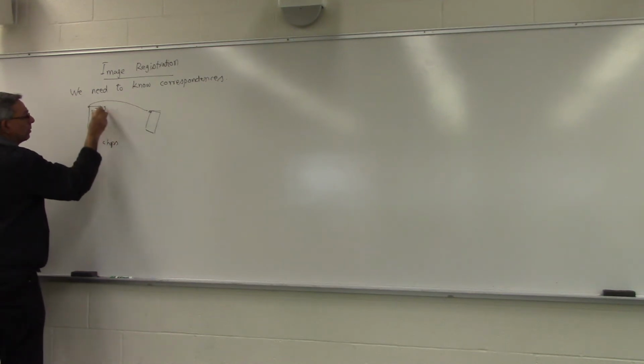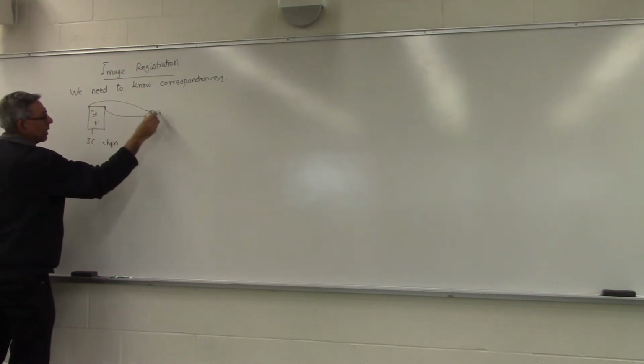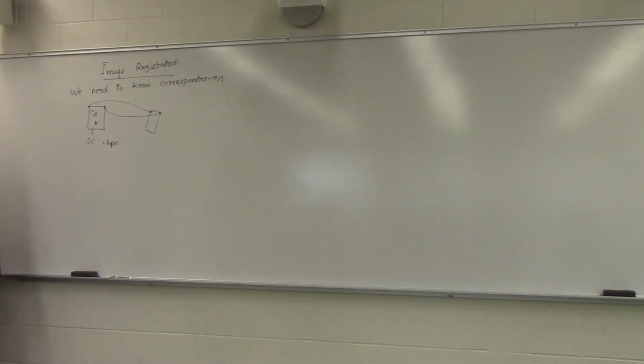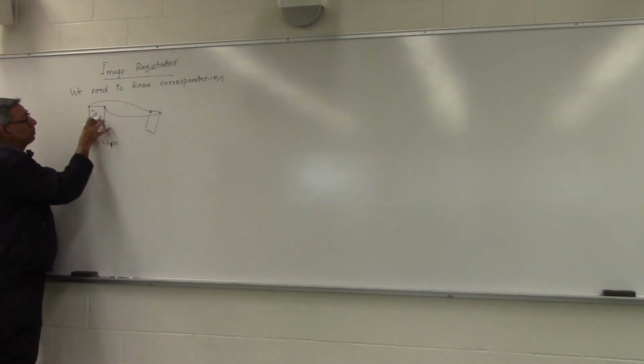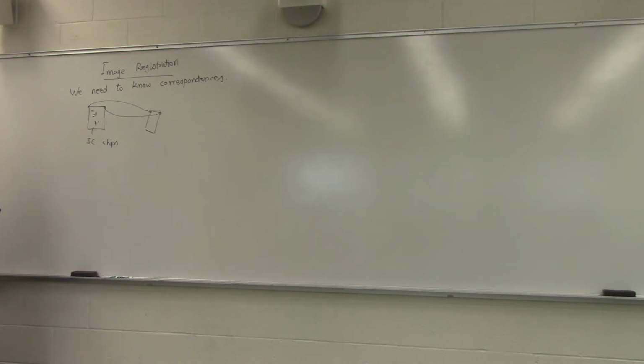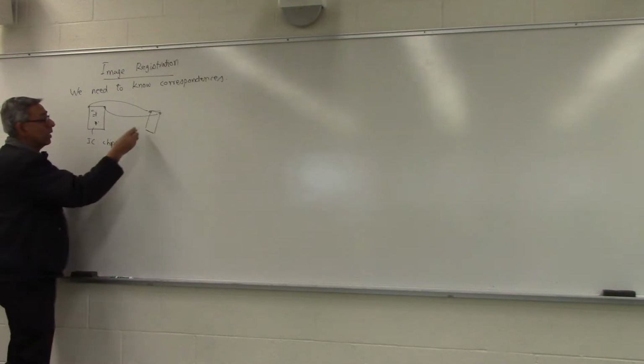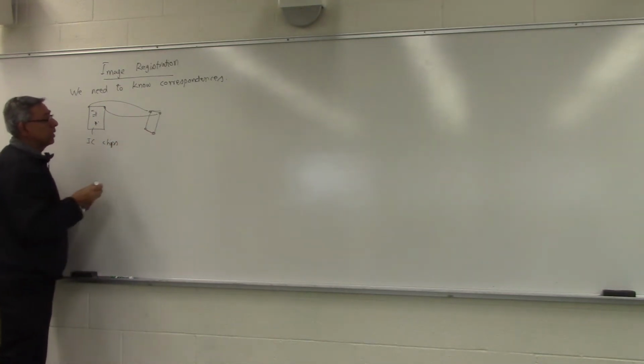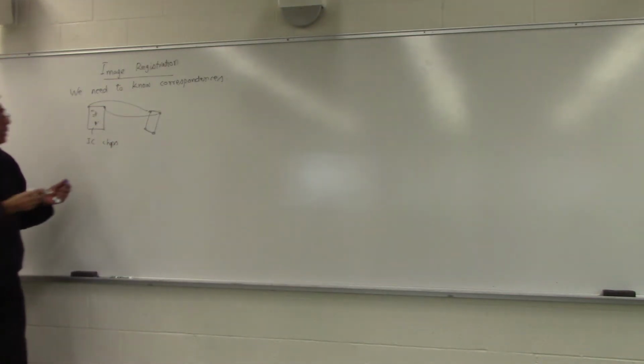So an easy way to do this would be through which technique? What technique that we have learned lets us know these points? Corner. Yeah, what was the name of the algorithm? Harris corner detection. So you can apply Harris corner detection over here. Still, there will be one small issue. Okay, let's say the Harris corner gives us 4 values over here, right?